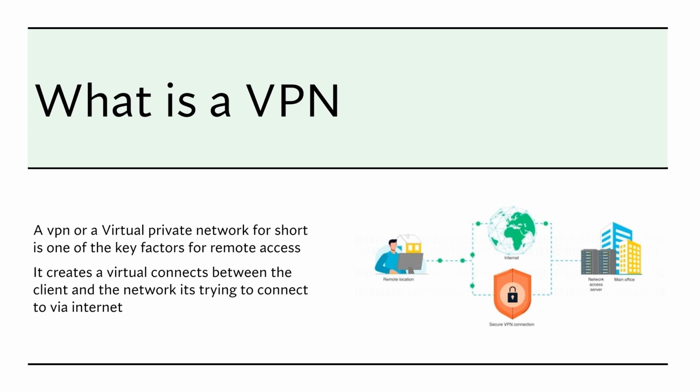Now, you may be asking yourself, what is a VPN? Well, VPNs are used a lot. They are known as a virtual private network. VPN is one of the key factors for remote access. It can create a virtual connection between both the client and the network they are trying to connect to via the internet or via the device they are trying to use.